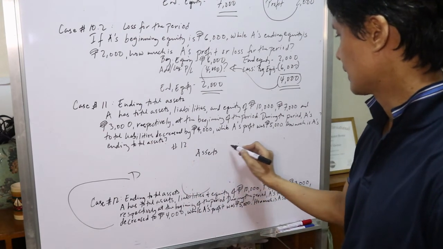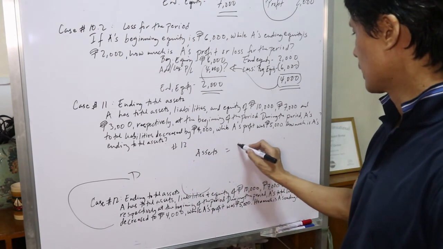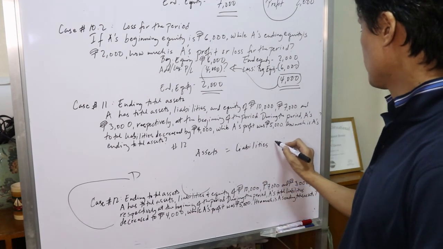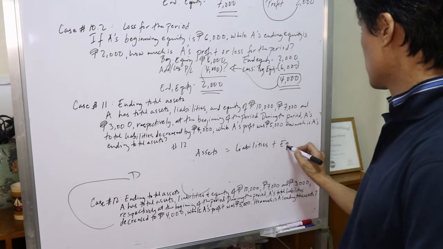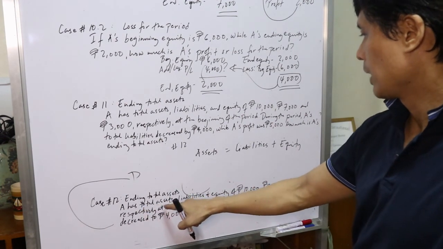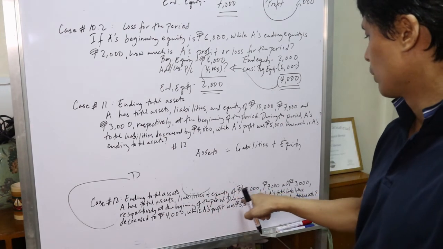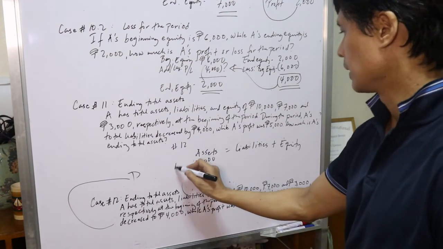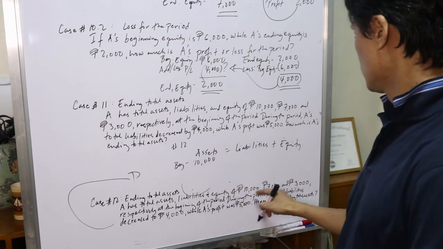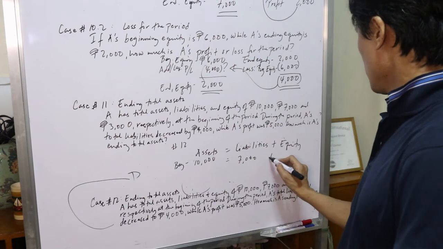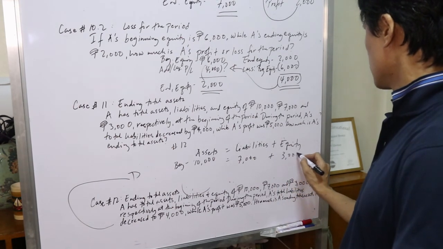So total assets equals liabilities plus equity. Okay, so it says here A has total assets, liabilities, and equity of 10,000, this is the beginning, 7,000 and 3,000.